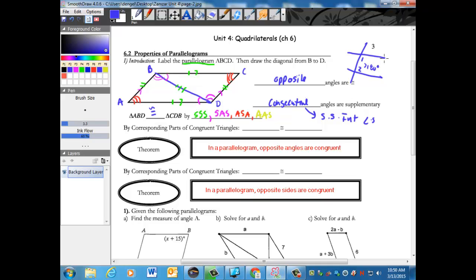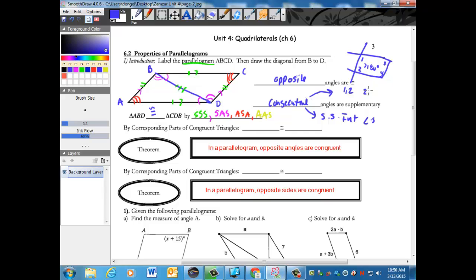If we were to close this shape up, you can see that angle 1 and angle 2 are consecutive angles. If we put angle 3 and angle 4, angle 1 and angle 2 would be considered two angles that are consecutive.